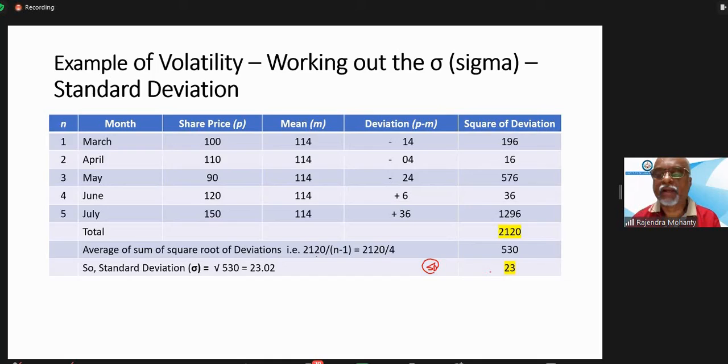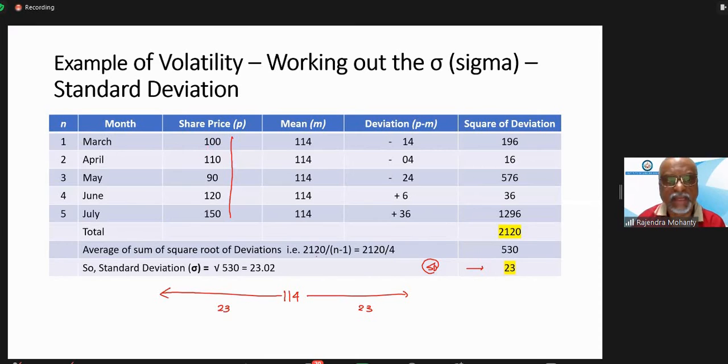Now why have we calculated this? What does this 23 mean? This is approximate, not accurate. This indicates that the share price over 5 months has fluctuated either way, plus and minus, from the mean price. The mean price was 114. So it has fluctuated up by 23 and down by 23 according to these 5 data points.